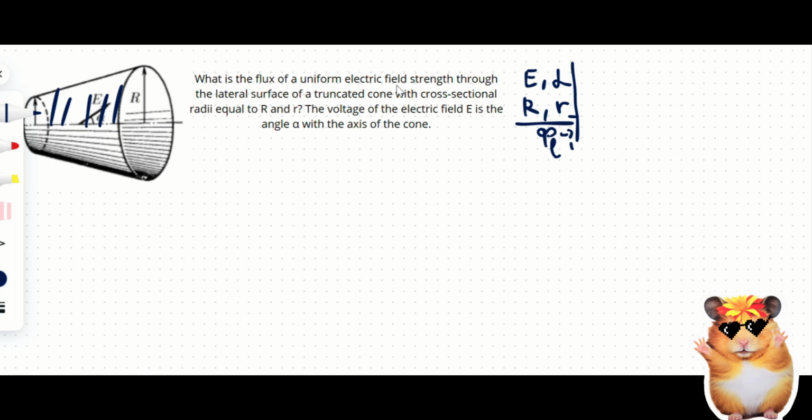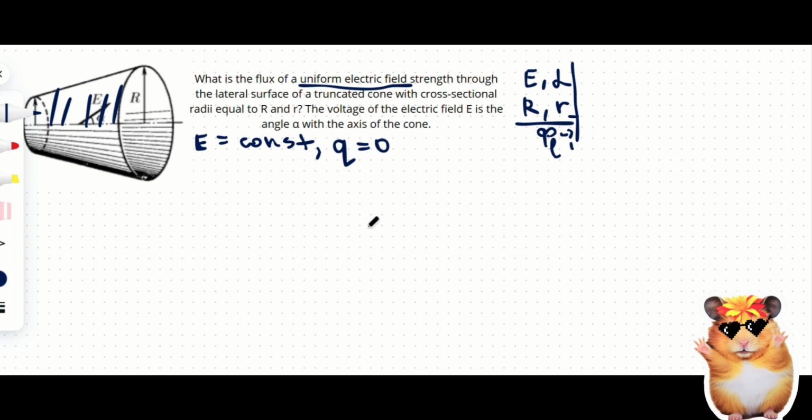It is given that the electric field is uniform. Uniform means that our electric field is constant. When the electric field is constant, it leads to our charge being equal to 0. It means that inside our isolated cone, we don't have any charge.